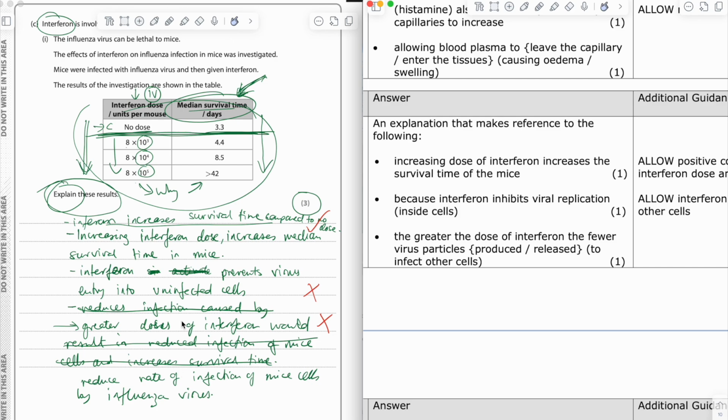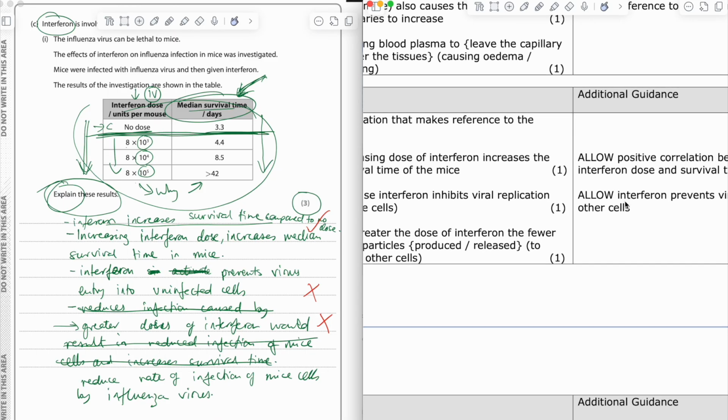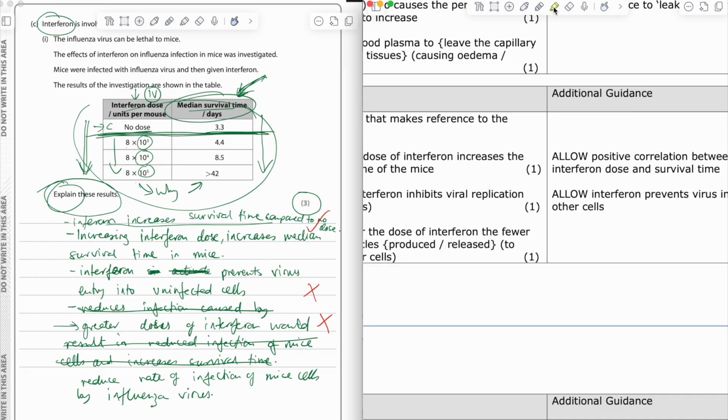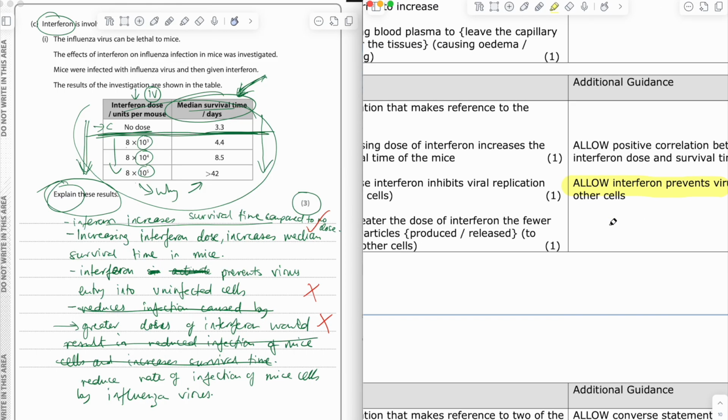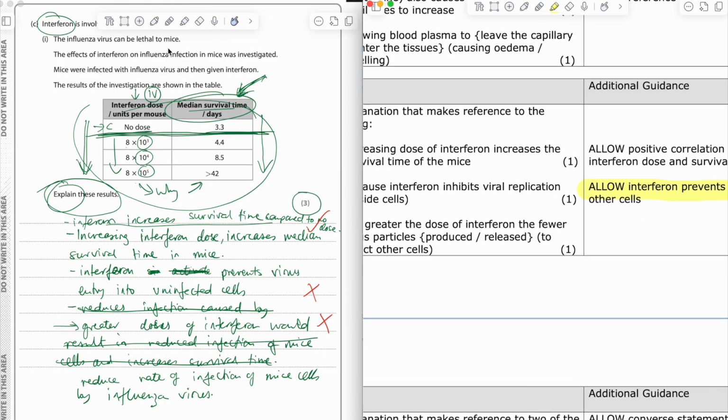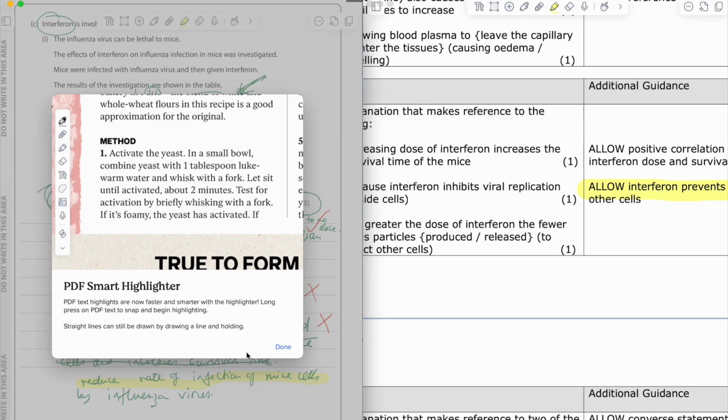So I really didn't do a good job of that, reduce rate of infection of mice cells. So maybe I would give myself that mark there based on the allowing stuff. Based on that, allow interferon prevents virus infecting other cells, I might give myself this, reduce the rate of infection of mice cells.